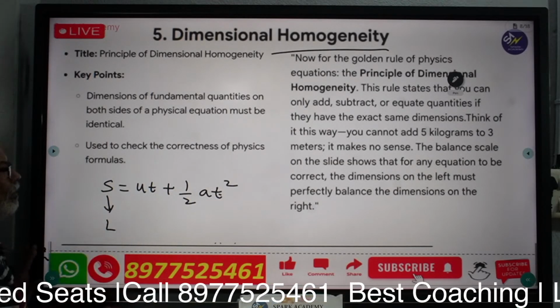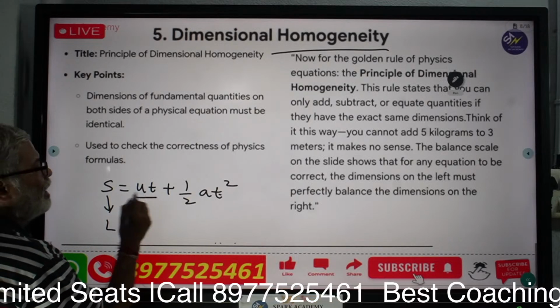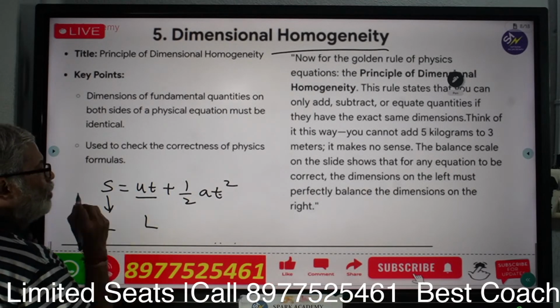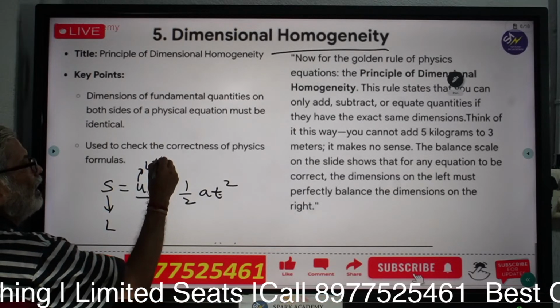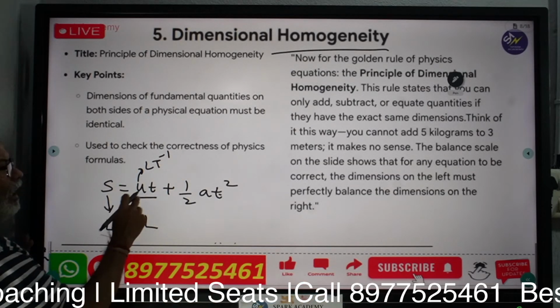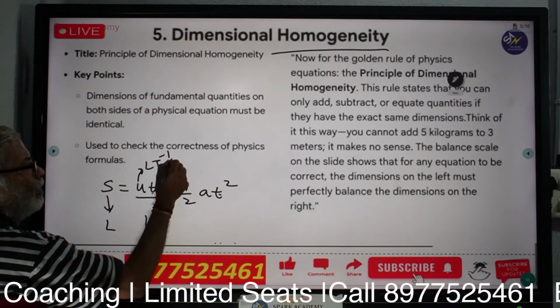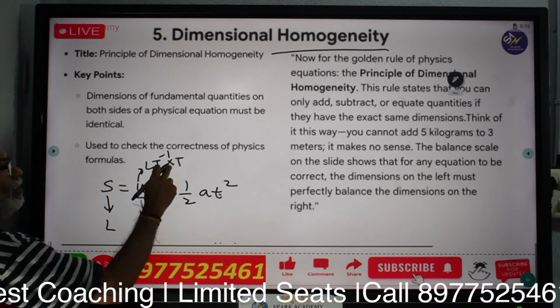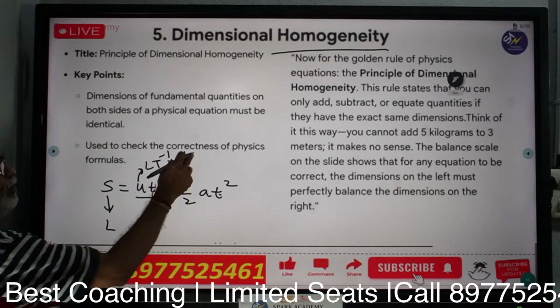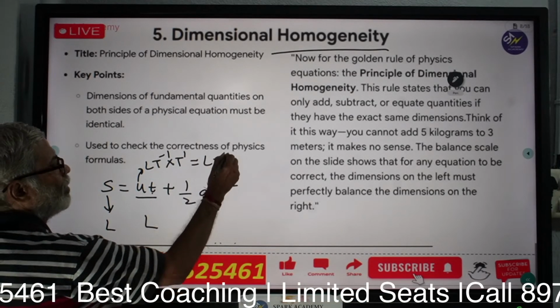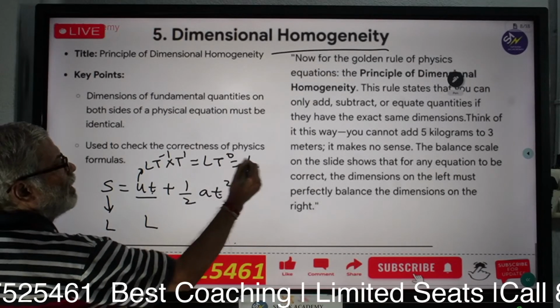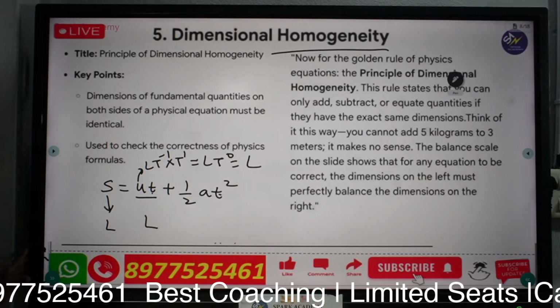L. What is the dimension for ut? This is also L. How? The dimension of velocity is LT minus 1, and into T. So bases are equal, powers can be added. You will get L T to the power of 0. That is nothing but L. Anything to the power of 0 is 1.